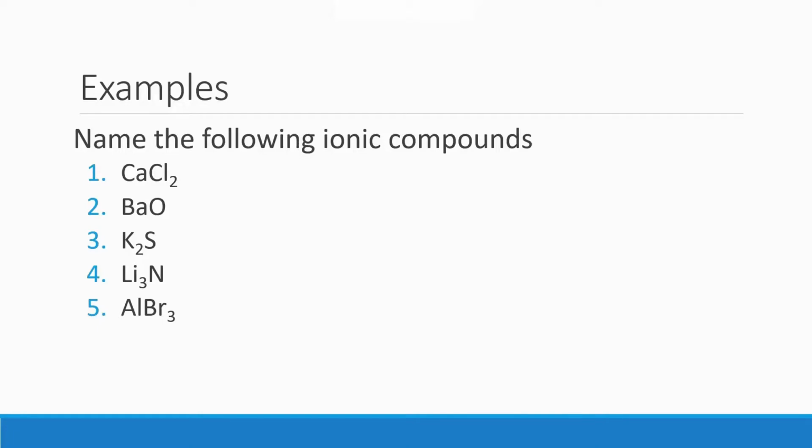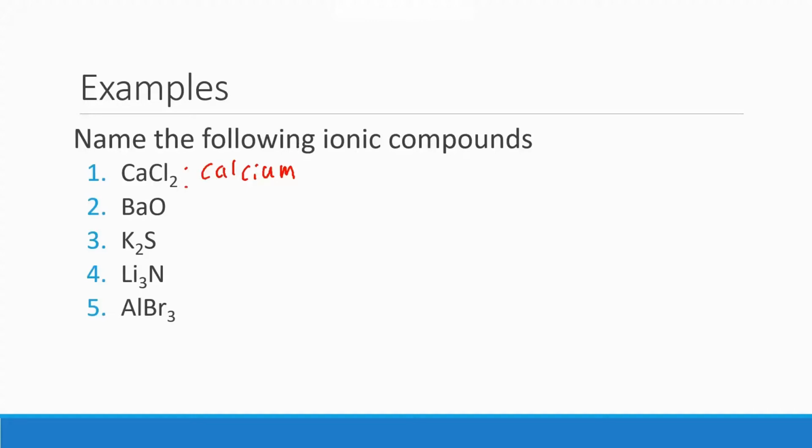So here we have CaCl2. First thing to note is that the subscripts for the ionic compounds aren't really going to have a bearing on the name itself. So for ionic compounds, don't worry about these numbers, just let them exist in the formula. So CaCl2 is made up of calcium, which is your cation, and then your anion is chlorine.